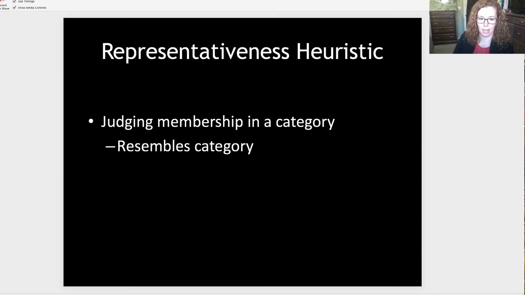You're using the representative heuristic to guess that Sarah was a holistic healer rather than a school teacher. The reason this is incorrect is because there are so many more school teachers.